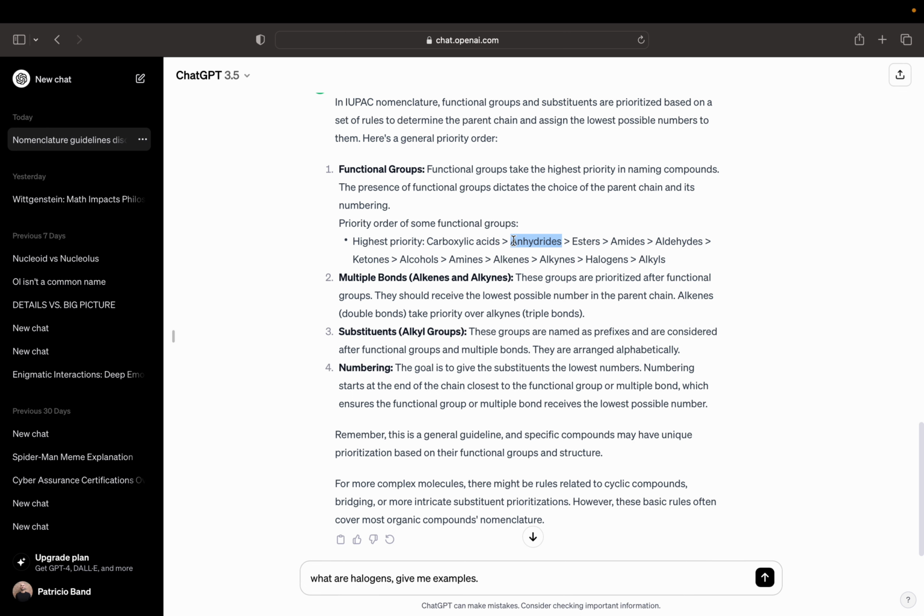Anhydrides, those are also, I think, it has nitrogen. But then we have carboxylic acids, as in amino acids. So the acidic part of the amino acids comes from carboxylic acid, which is the double bond and oxygen and an OH group attached to the side.